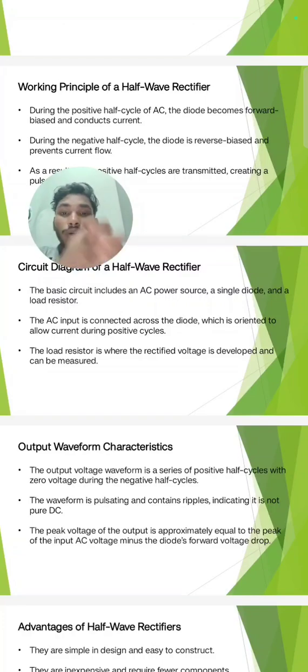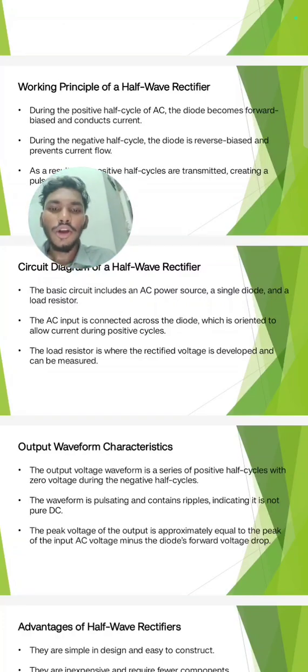When it comes to output waveform characteristics, the output voltage waveform is a series of positive half cycles with zero voltage during the negative half cycles, because the diode blocks the current in the negative half cycle. The waveform is pulsating and contains ripples, indicating it is not pure DC. The half-wave rectifier does not convert AC into pure DC; it converts it into pulsating DC with some ripples.